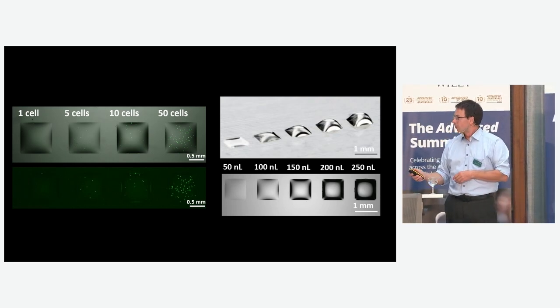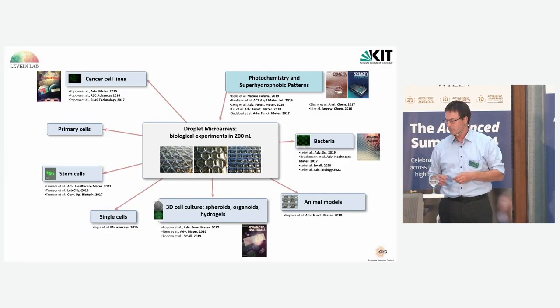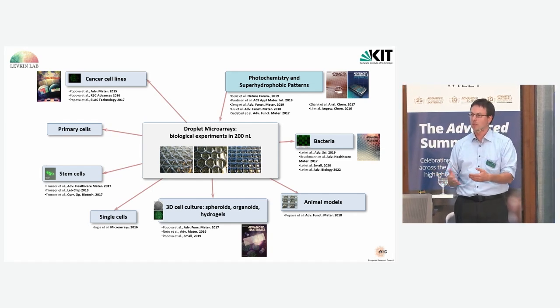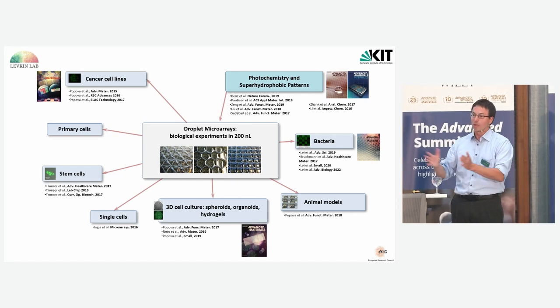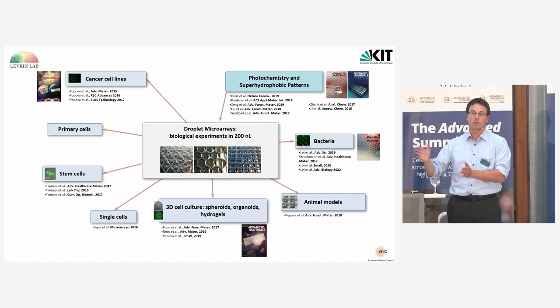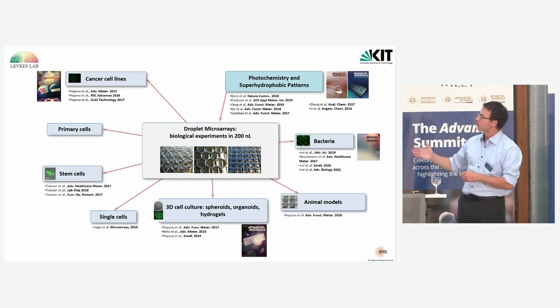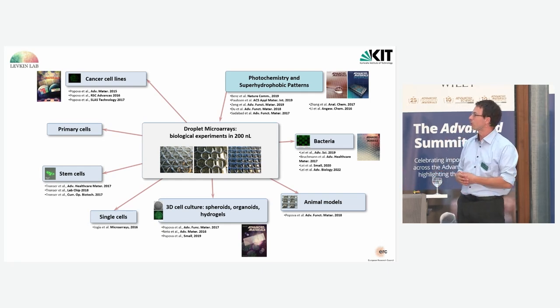So with this technology, what we have been doing over the last few years, we have been demonstrating and optimizing biological applications, high throughput applications using nanoliter-sized droplets, which is 1,000 times smaller already than what people usually use in biology. So we have shown, for example, drug screens using cancer cell lines, using primary cells, which is important for personalized medicine, where there are not enough cells, where miniaturization is also important.